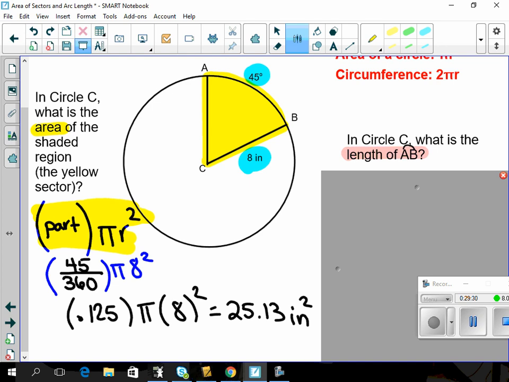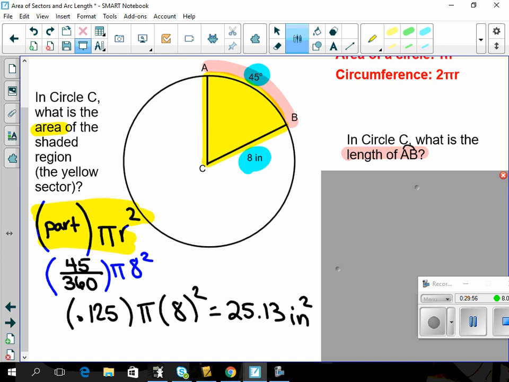What formula are we going to use this time? Remember, arc AB is just the length of that. It is not 45. 45 degrees is the arc measure. Arc length is if I actually took a piece of string and put it here and went around the circle and stopped there, it'd be the length of that string.